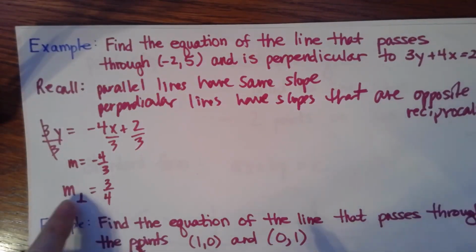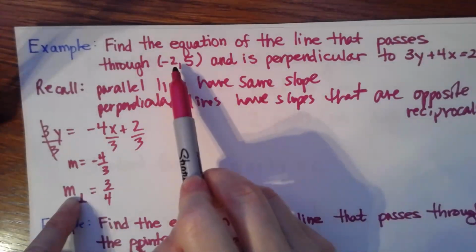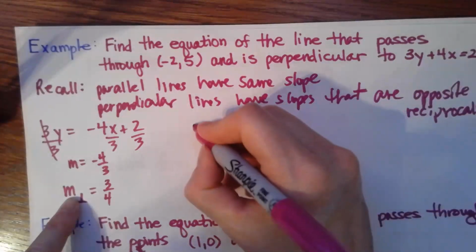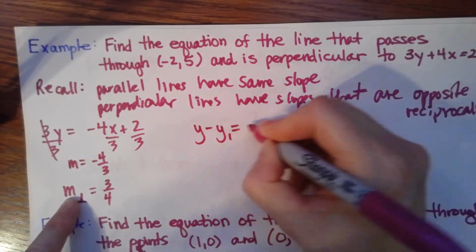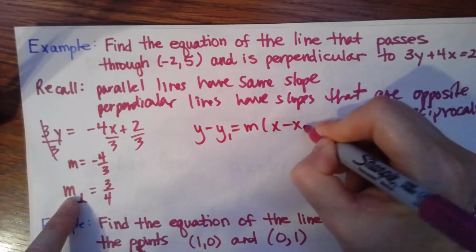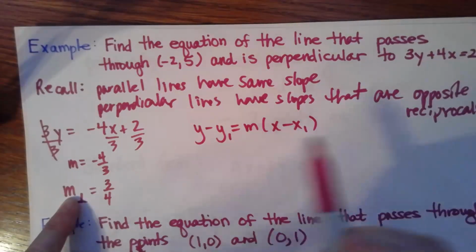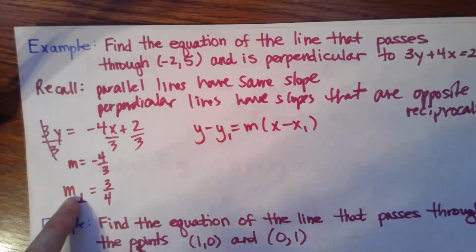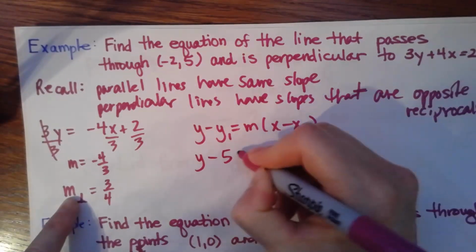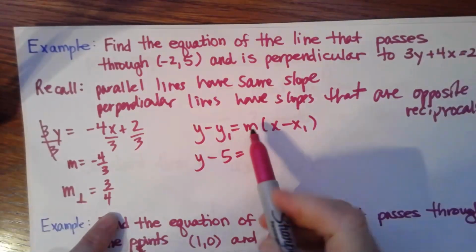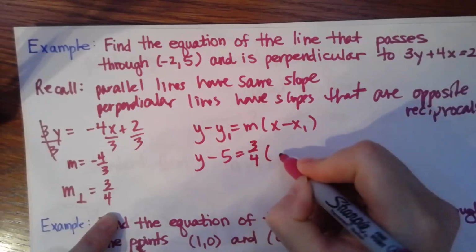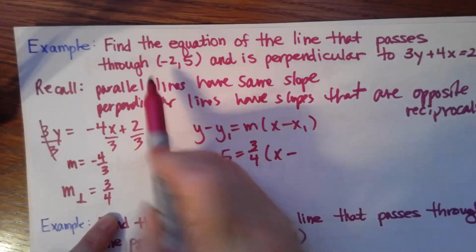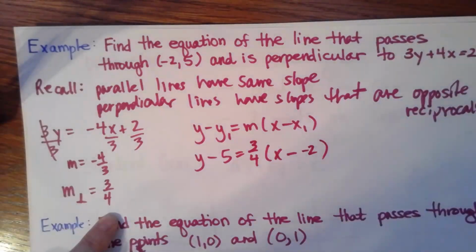So now that we have the slope that we need to use and the point, we can just do our y minus y1 equals m times x minus x1. Okay, substituting 5 for y1, substituting 3/4 for our m, and then a negative 2 for our x1.